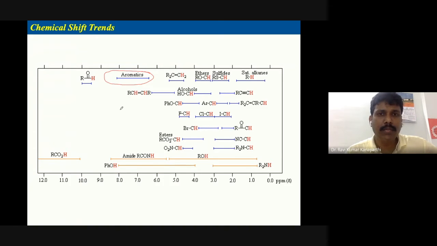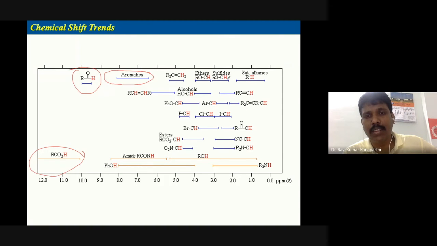And if you come across the aldehyde proton, then it is always above 9, and between 9 and 10.5 you can observe it. The acid protons will always be observed above 10. What about the other protons, like sulfide?